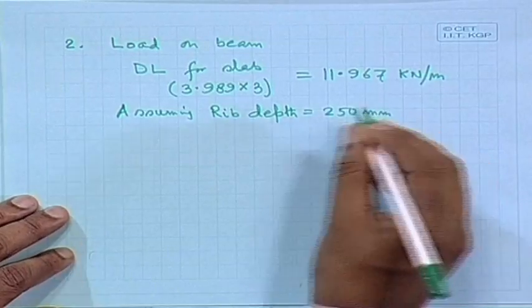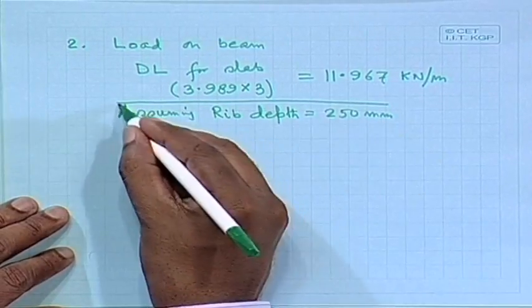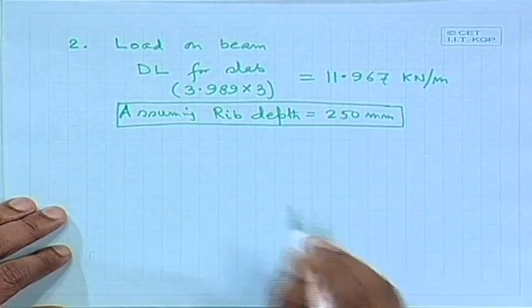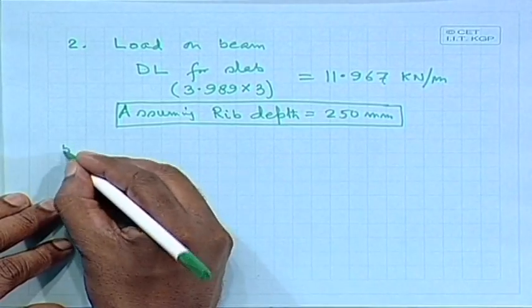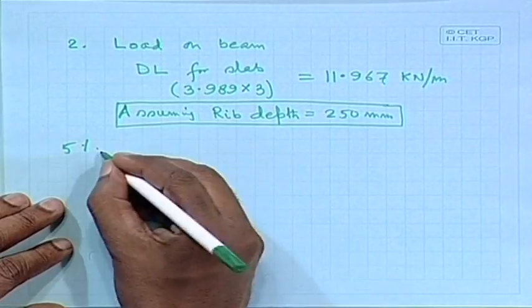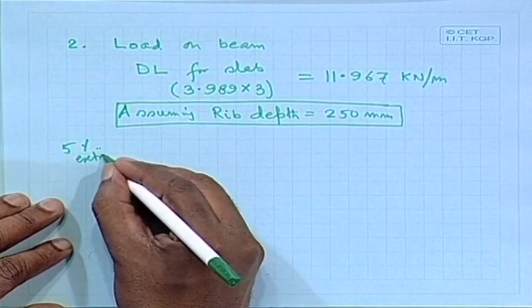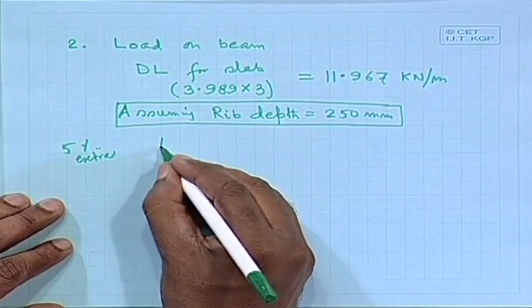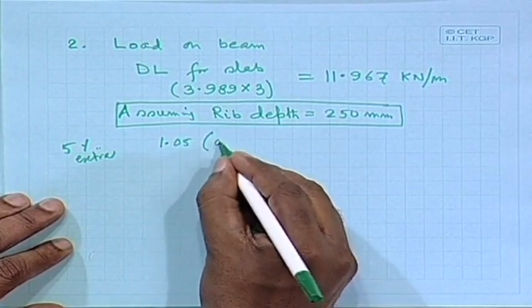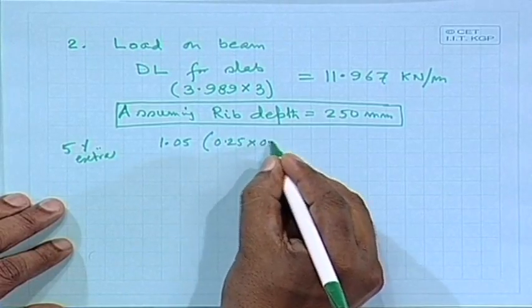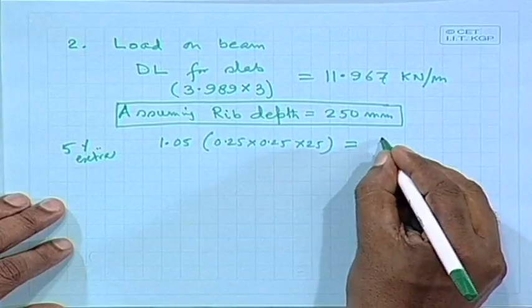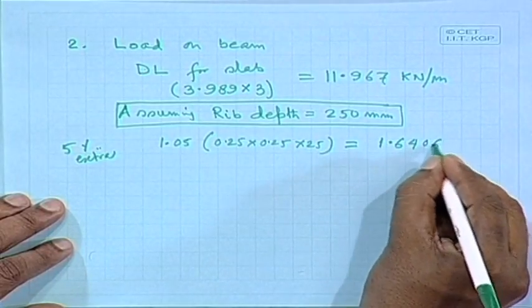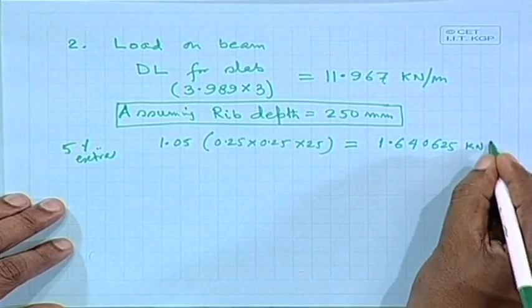So, let us say the rib depth is 250 millimeter, and let us say 5% extra. So, 1.05 times 0.25 times 0.25 times 25 equals 1.64065 kilonewton per meter.